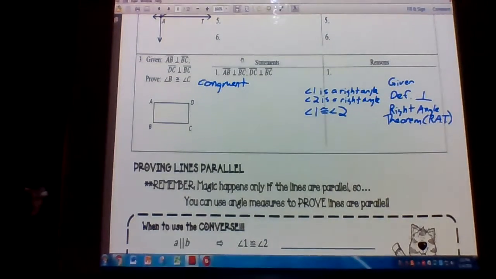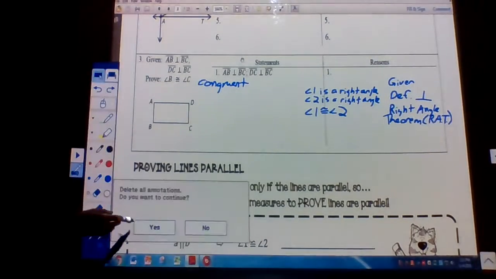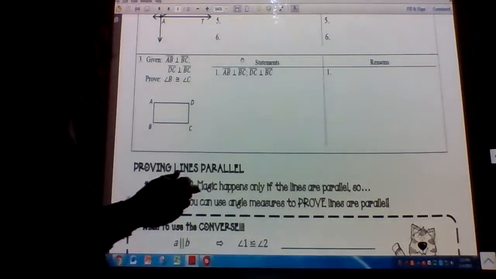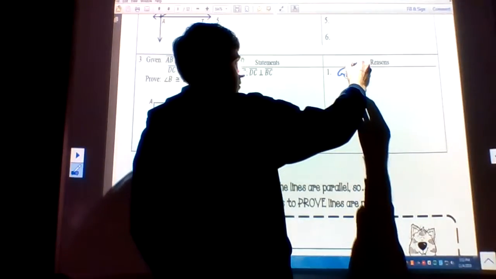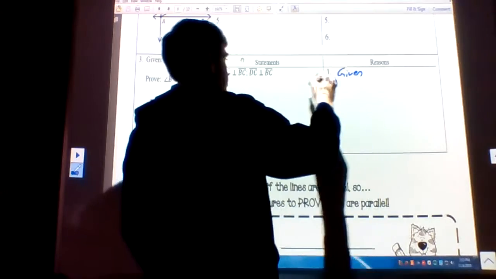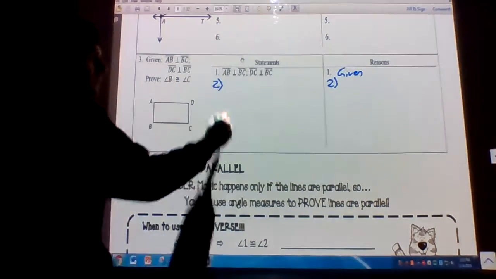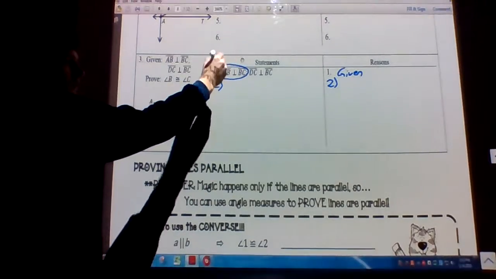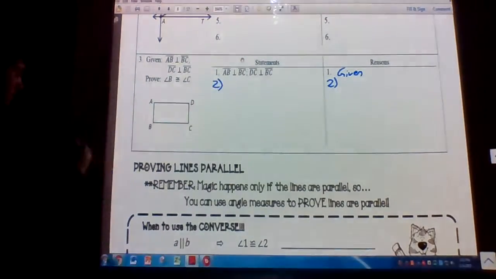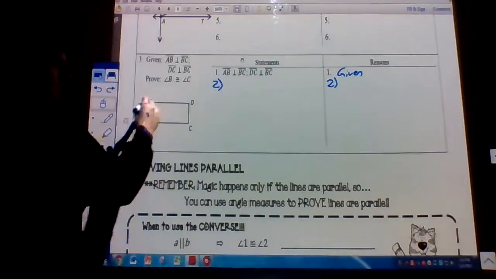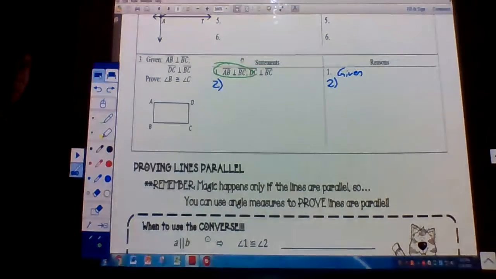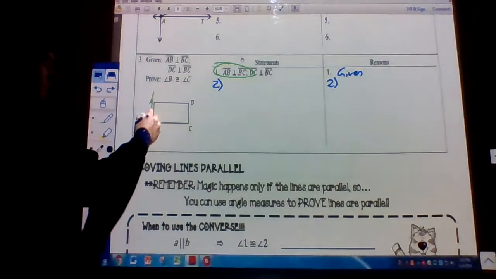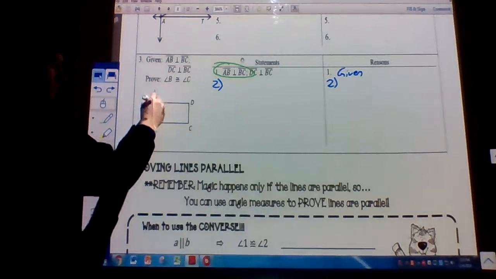Here is the example proof. Our given is written for us, so now we can use it. It's telling us AB is perpendicular to BC.